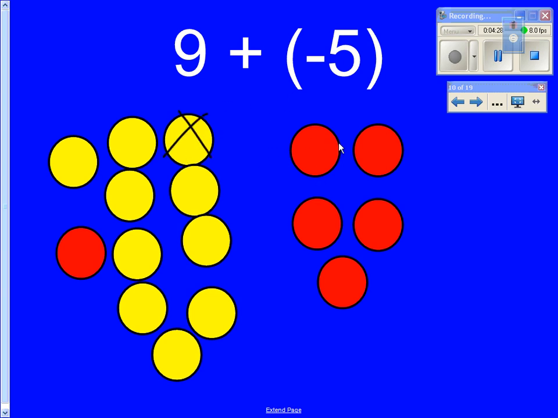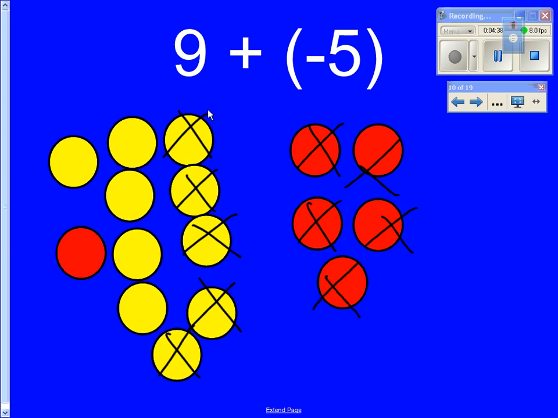So one yellow cancels out one red, five times. So there are 5 0 pairs there. And what's left? There are 4 positive integer chips left. So our answer is +4.